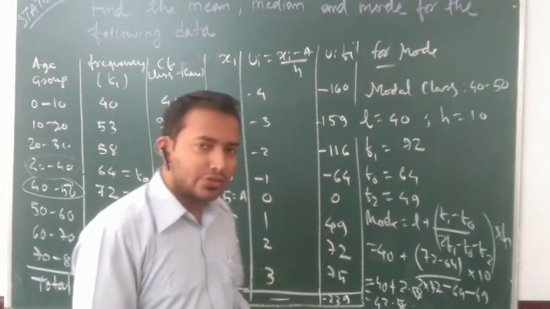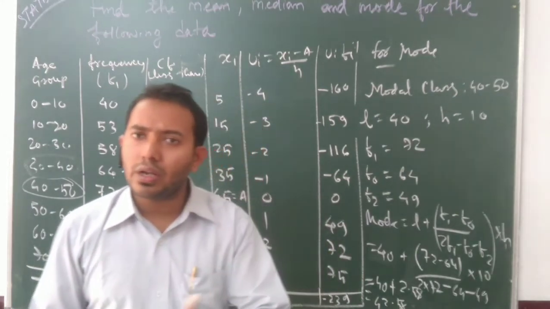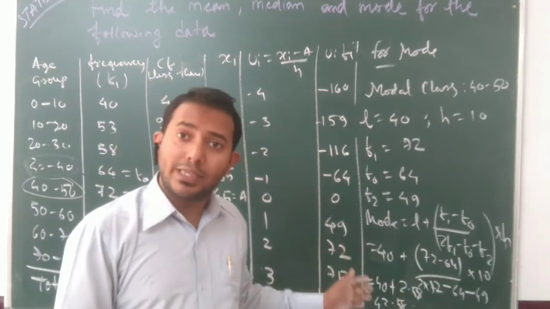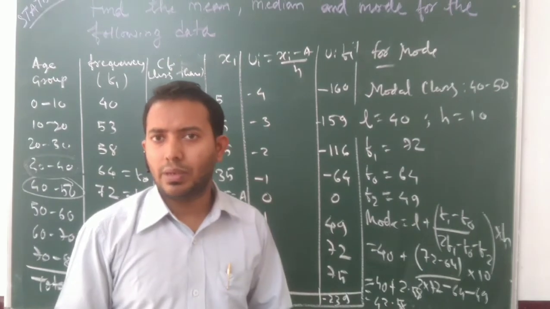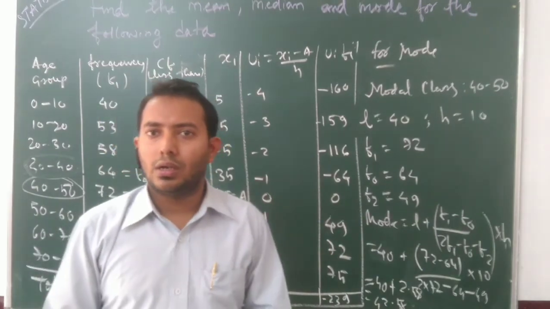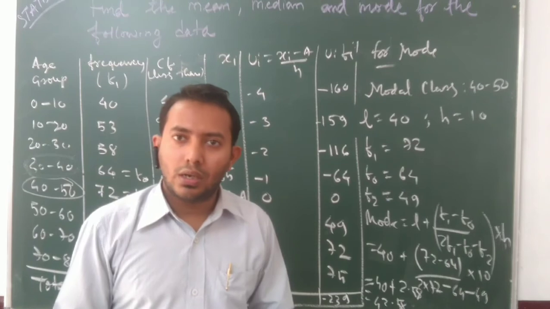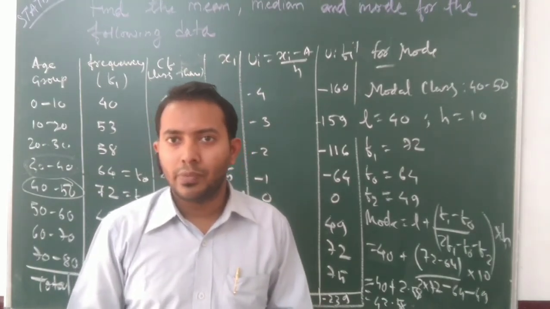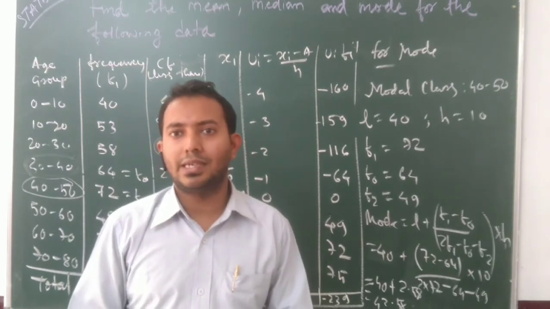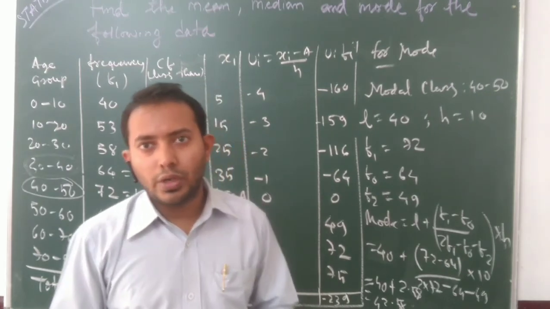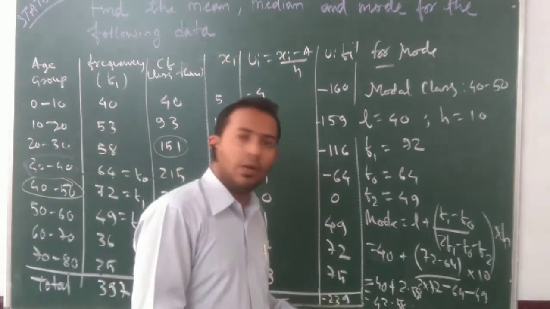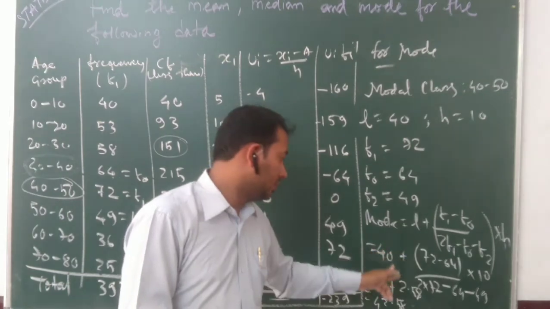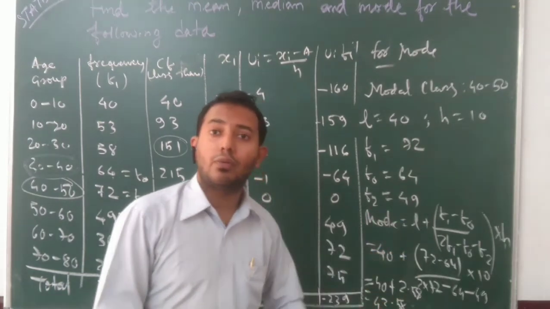If you are asked to use the empirical formula, or even if not asked, and you use it for grouped data, you will get full marks, because you have already entered into estimation. So you can apply the empirical formula and you will get a value, but not the same value; there will be a big difference between this and the empirical formula mode.